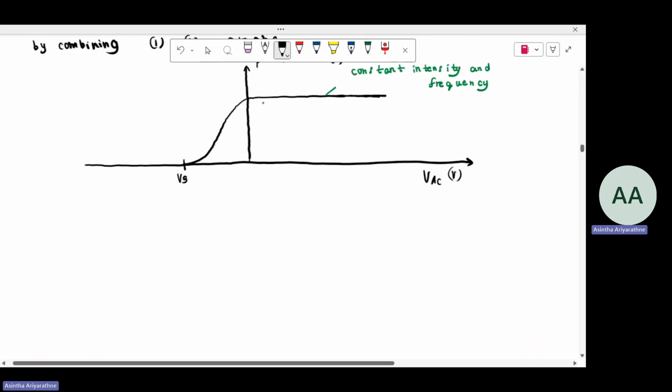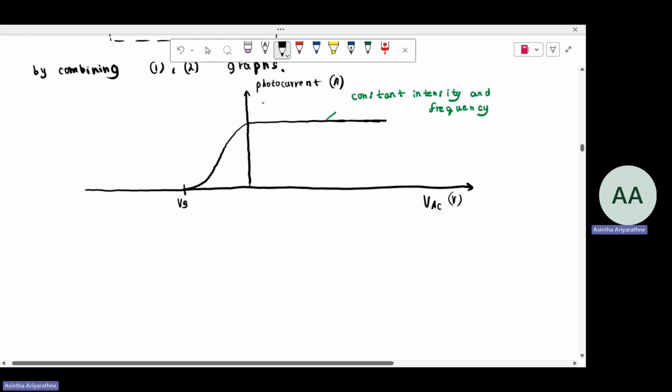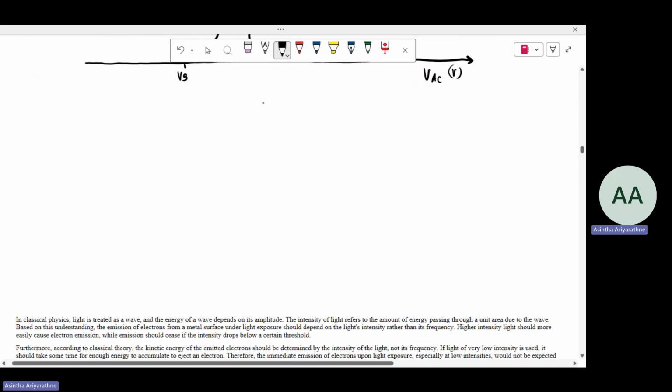Next, let's see what happens under constant frequency of electromagnetic waves and different intensities.